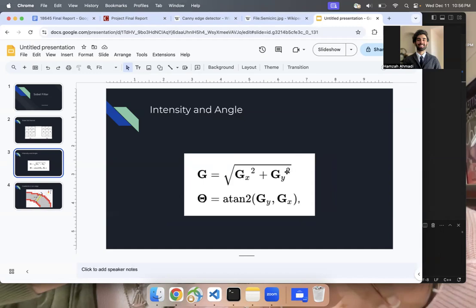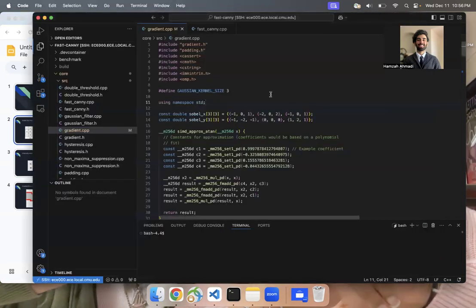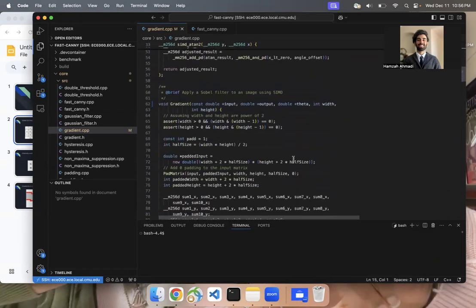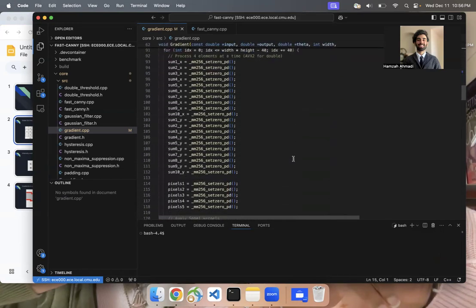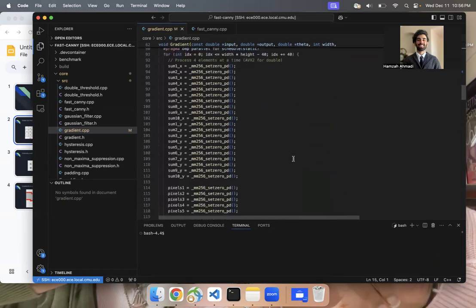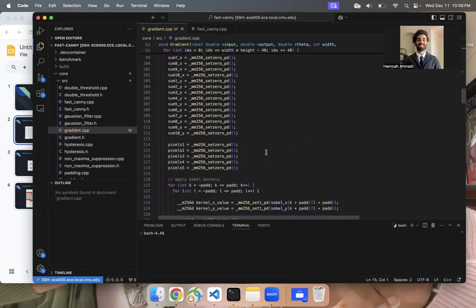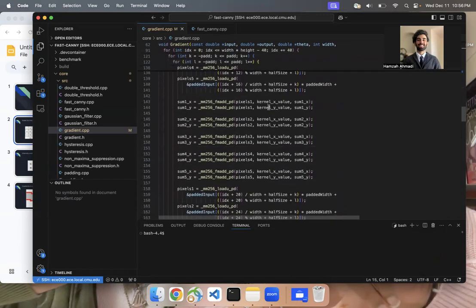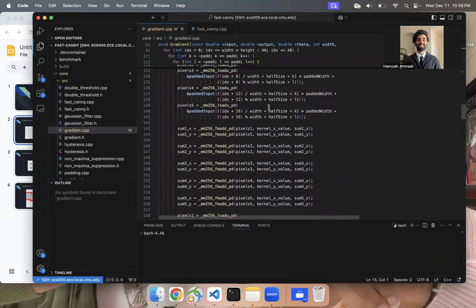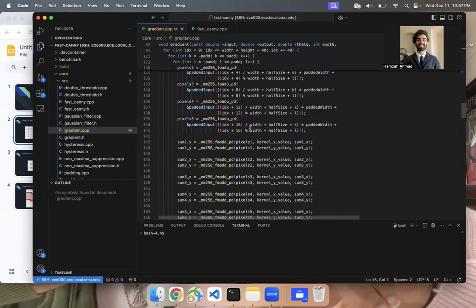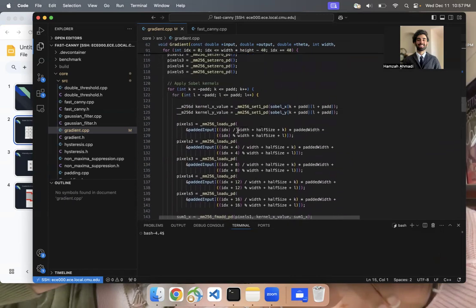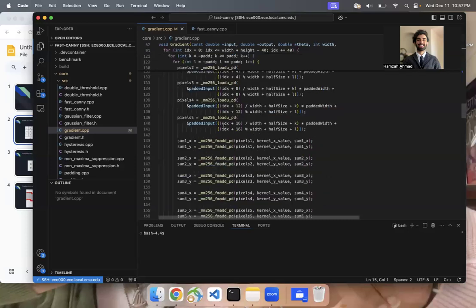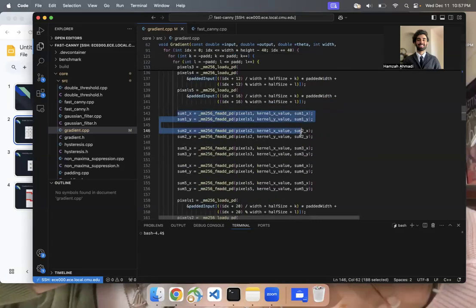These two equations and this kernel you can see in our code. This is just the Sobel kernels, the 3x3s. We start out by looping through the entire input matrix, setting our registers, and then for each value we compute the gradient in the x direction and the gradient in the y, which is done mostly right here.